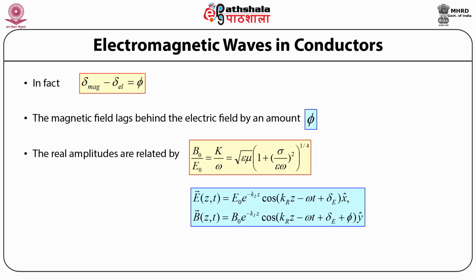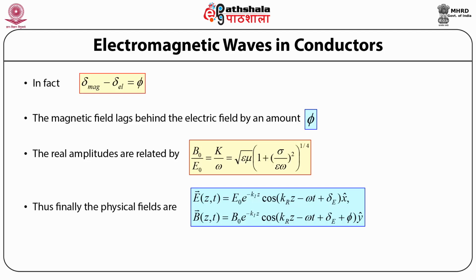which equals the square root of epsilon mu, into the fourth root of 1 plus sigma by omega epsilon whole squared.